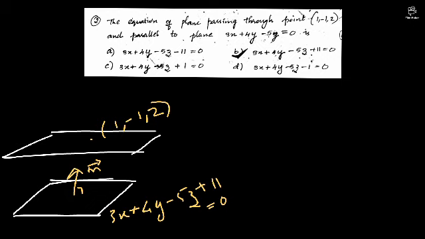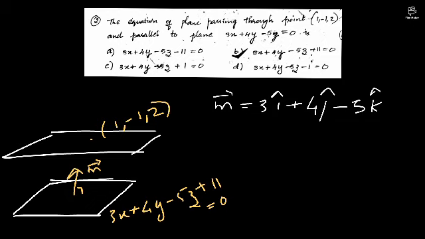So we can first draw the plane which is parallel to the plane whose equation we want to find. So that is this with a normal vector n, and this normal vector will be 3i cap plus 4j cap minus 5k cap, from the equation of the plane.